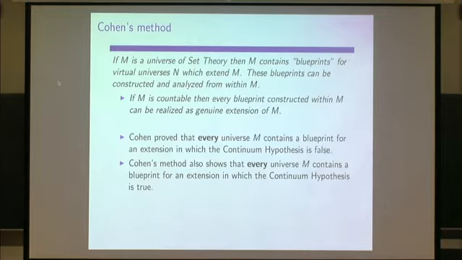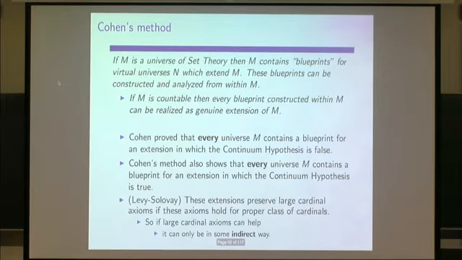Now, Cohen's method also shows that every universe contains a blueprint for an extension in which the continuum hypothesis is true, so you can recover Gödel's result as well. Levy and Solovay showed that these extensions preserve large cardinal axioms if these axioms hold for a proper class of cardinals.